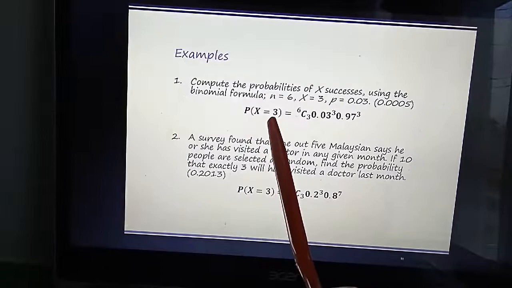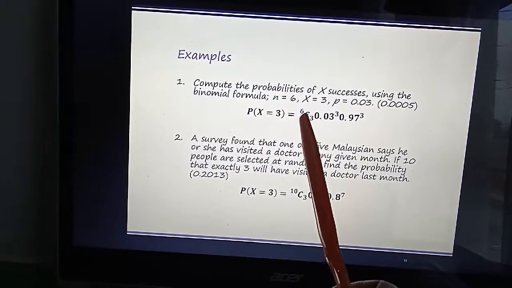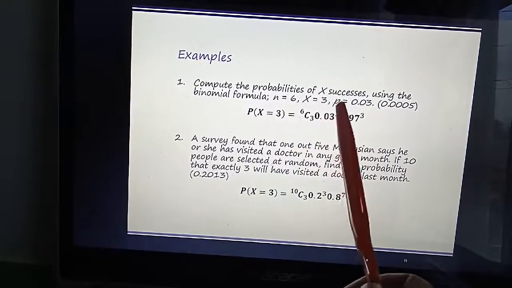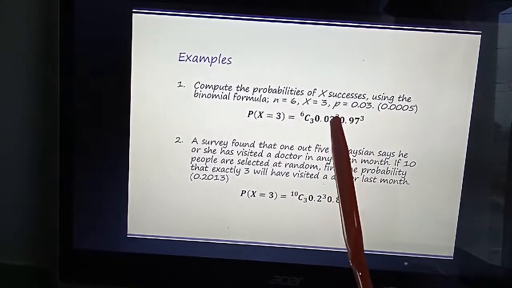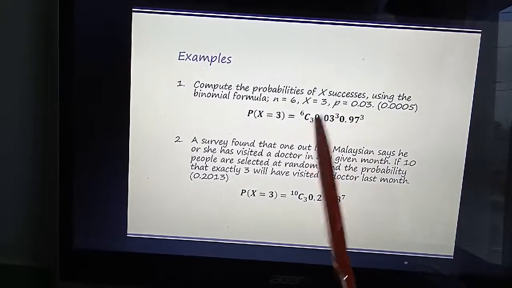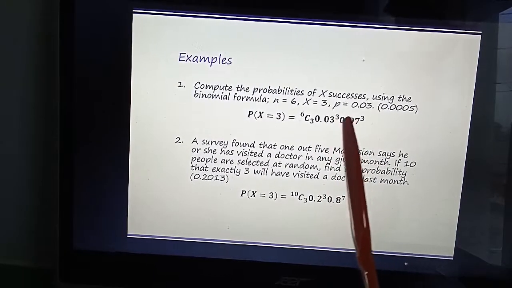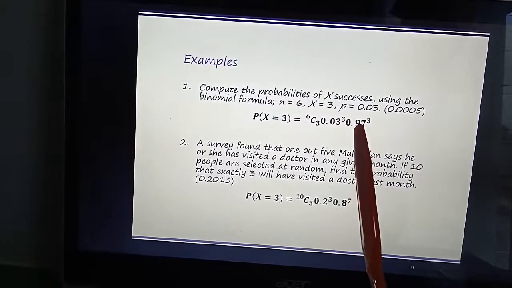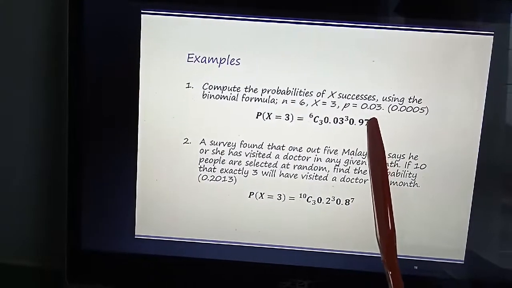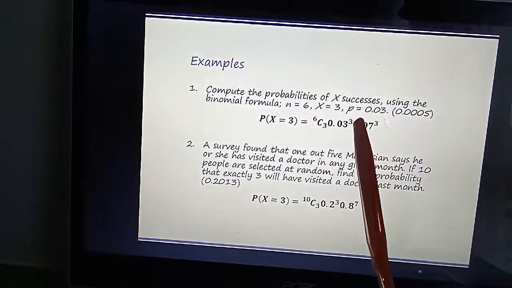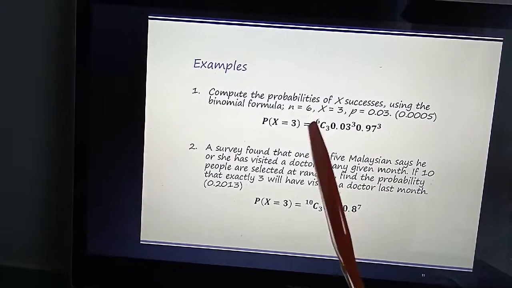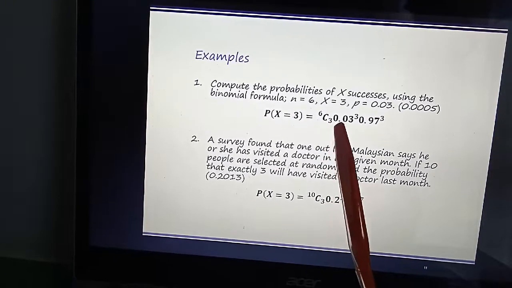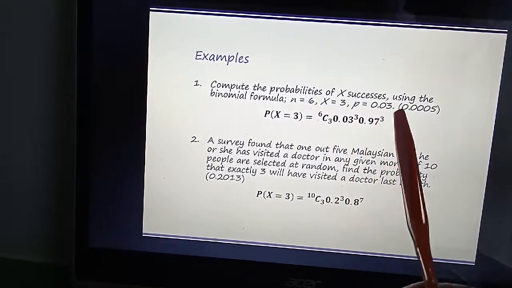Probability x equal 3 is 6C3, where 3 is the value of x, then p is 0.03 to the power x, which is 3, and then q is 1 minus 0.03, which is 0.97, to the power n minus x. n minus x is 6 minus 3 equals 3. You can use the calculator to calculate 6C3. So calculate all this and simplify.